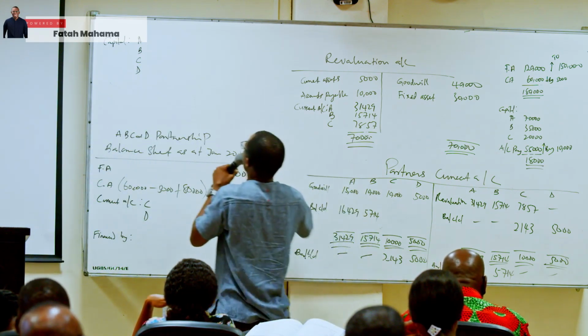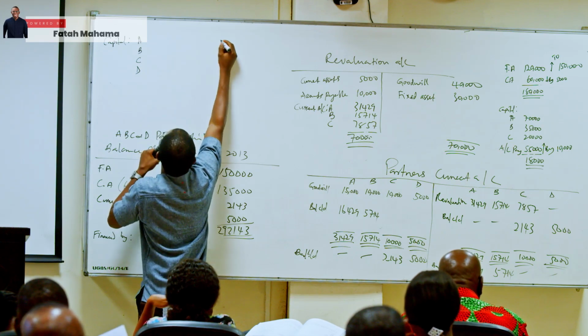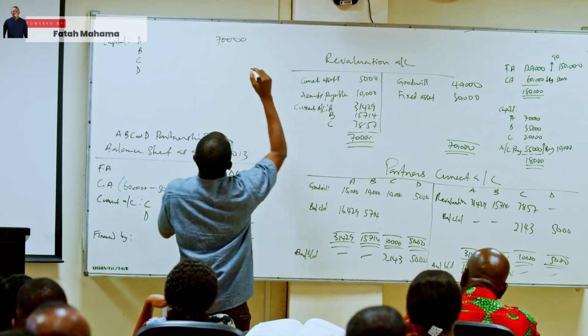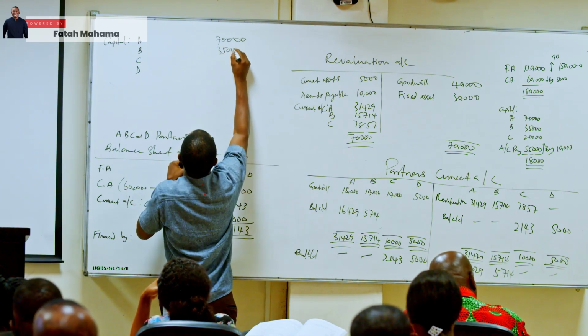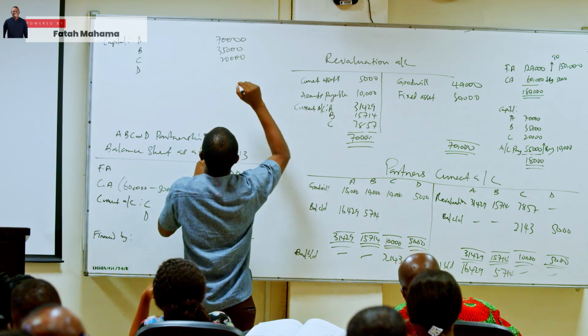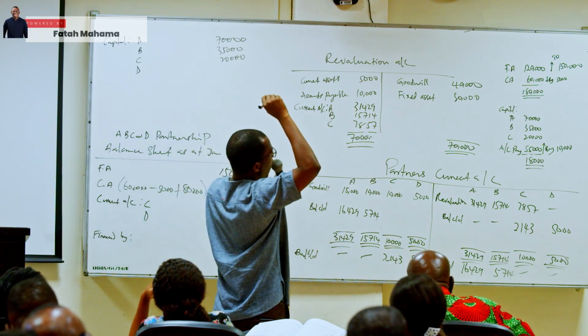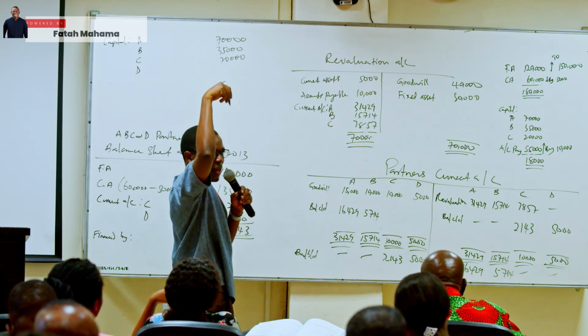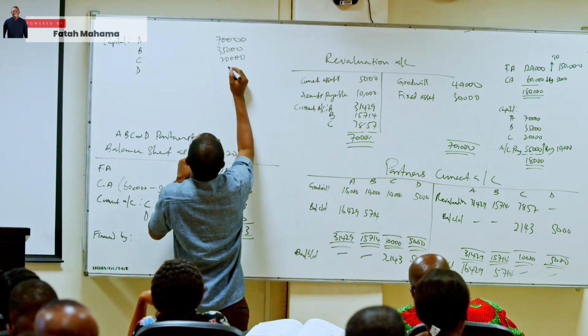It has not changed, right? 70,000. What is B? 35,000. C? 20,000. D? Your D has been admitted now. 80,000.